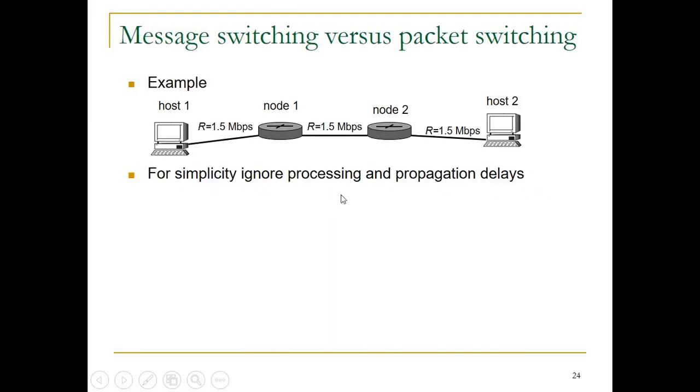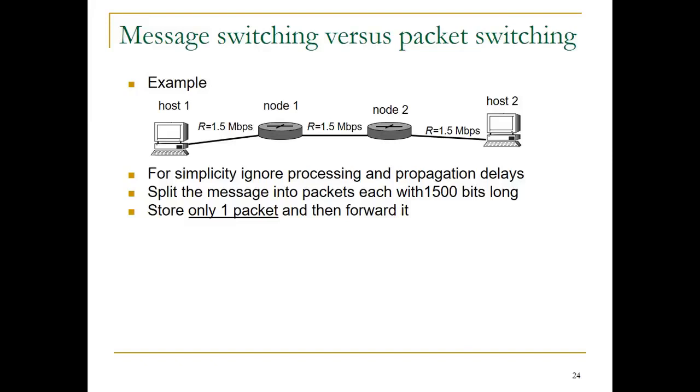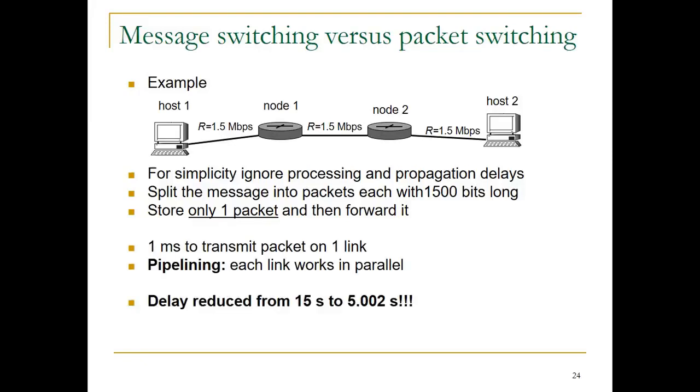So this is the calculation. You do have your 1.5, 1.5, 1.5. So that's 3 times the message itself, the data itself, and then the rate of the transmission between the various nodes or host devices.